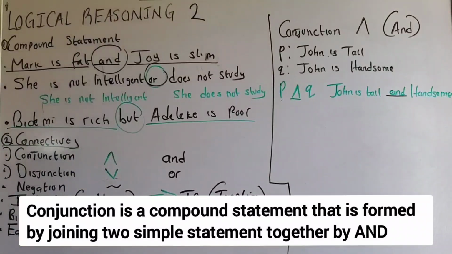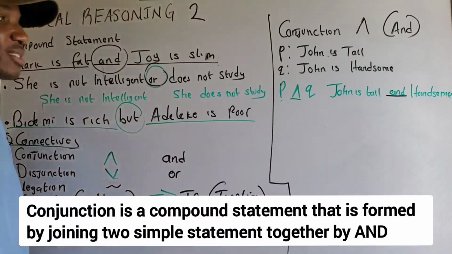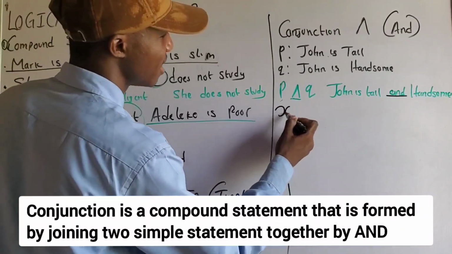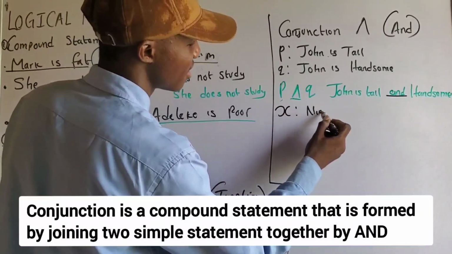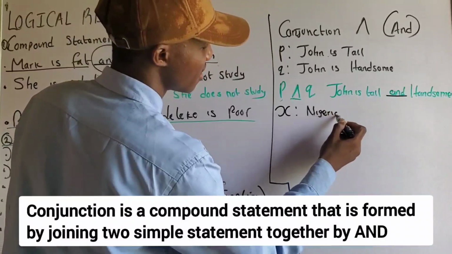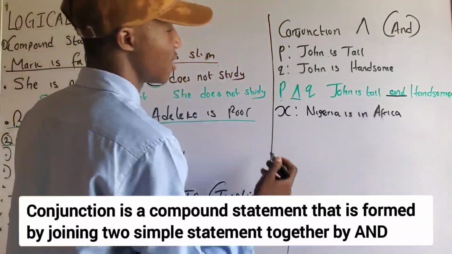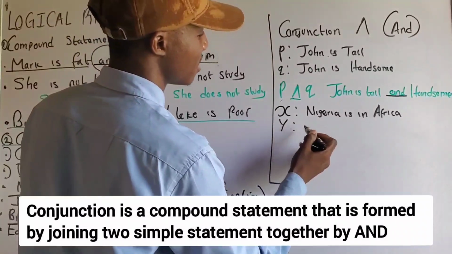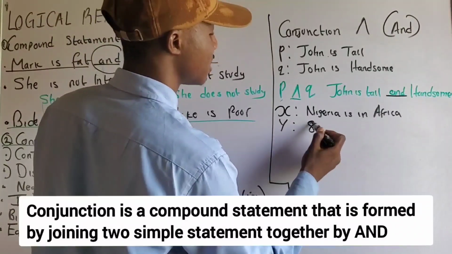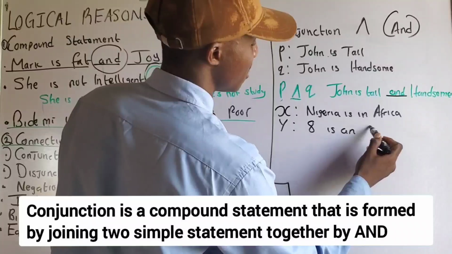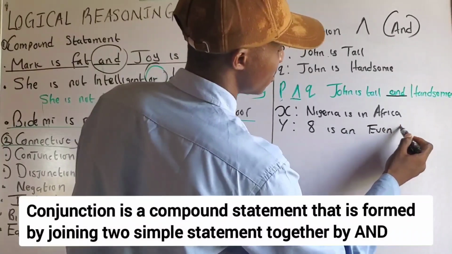Let's look at more examples. Let's say another statement. Let's say X represents Nigeria is in Africa, and Y represents 8 is an even number.